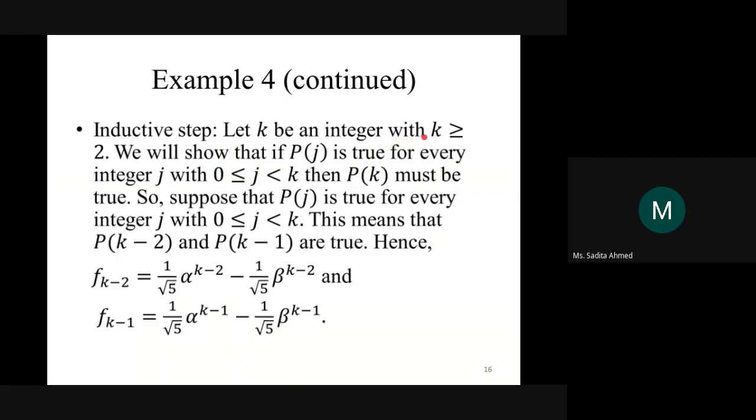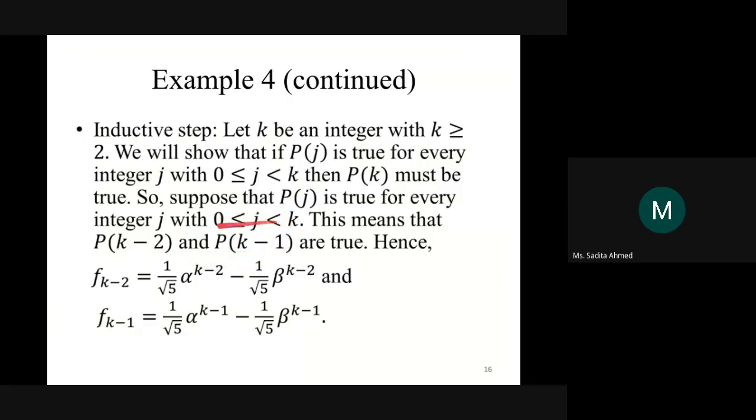Okay. So now, in order to prove that the statement is true for k, we can use the assumption. All right, we can use the hypothesis to prove that. And based on the hypothesis, what can we say about k minus 2 and k minus 1? Is it within this range?